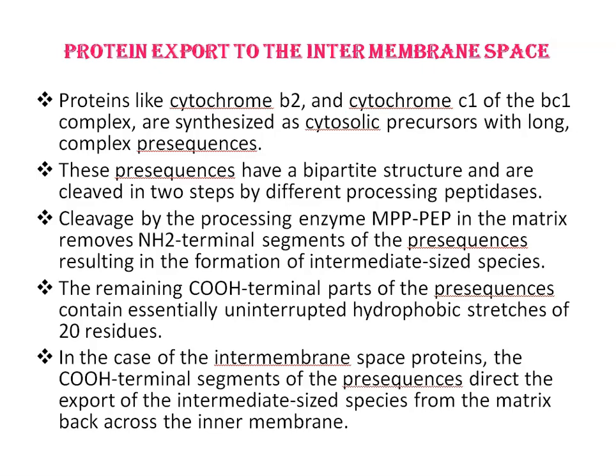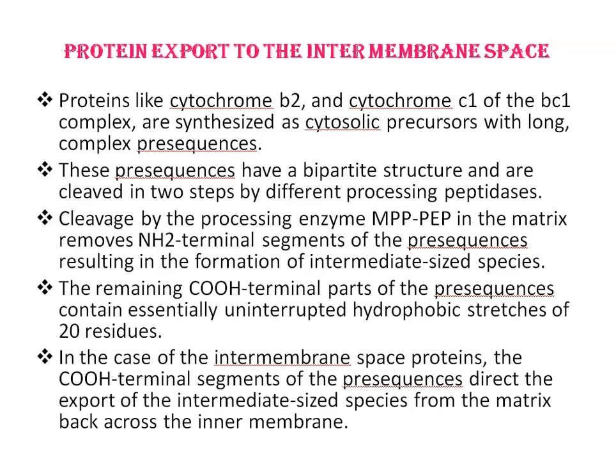This was shown with the use of fusion proteins between the complete pre-sequences of cytochrome B2 or C1 and passenger proteins such as cytochrome C. So both the authentic proteins and the artificial precursors could be detected as soluble species in the matrix if the import reaction was carried out at a low temperature, that means at 10 degrees Celsius, or in the presence of metal chelator to inhibit the first processing step.